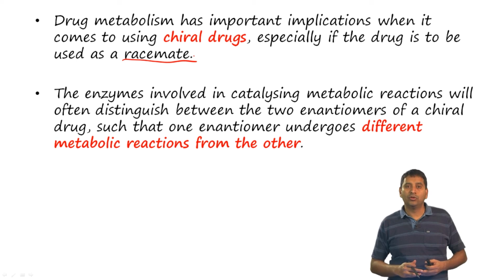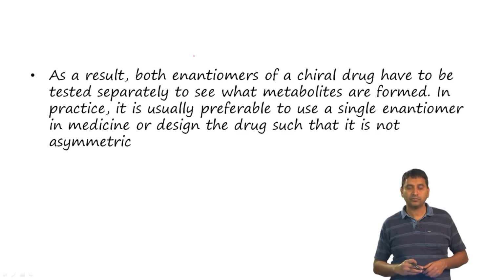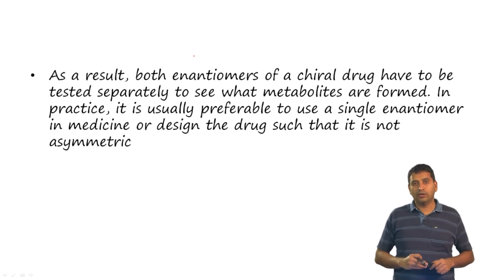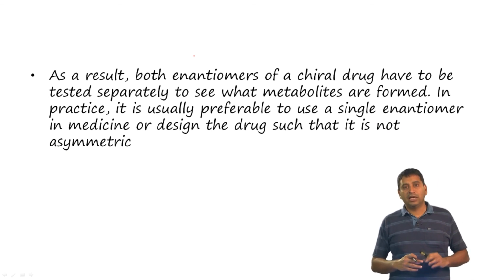Okay. So, when we are dealing with chiral centers, one needs to be sensitive to this situation and work accordingly. Okay. So, what we need to do is we would take both enantiomers of the chiral drug, and they have to be tested separately to see what metabolites are formed. Okay.